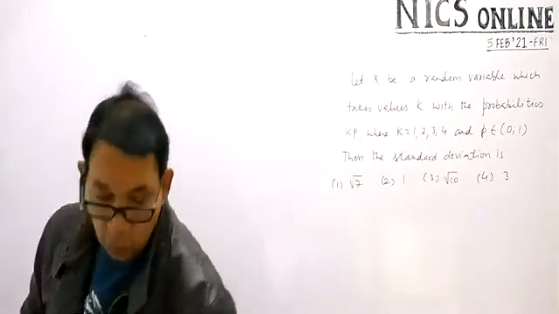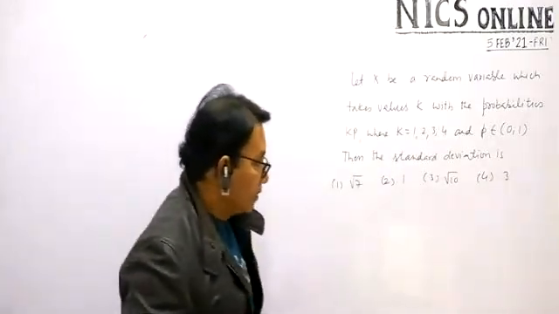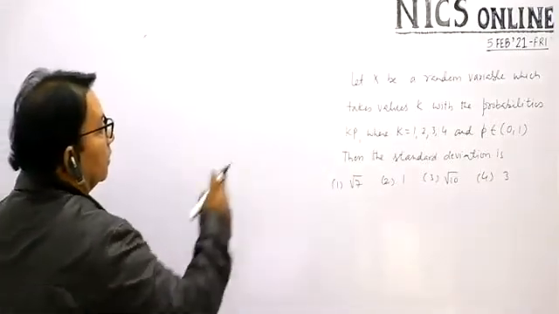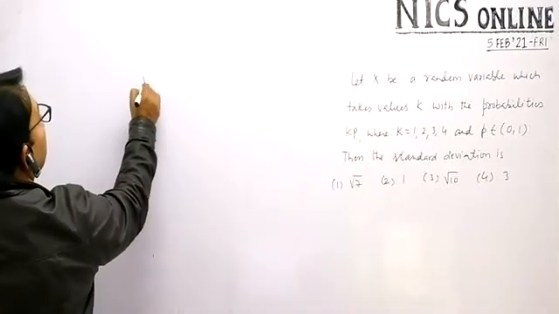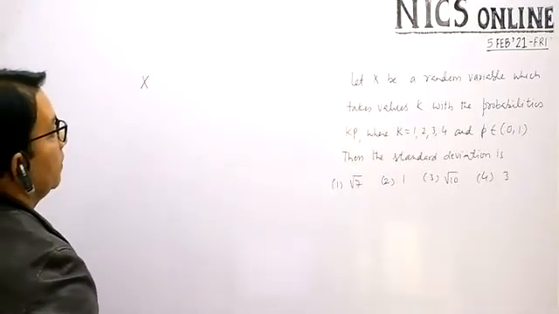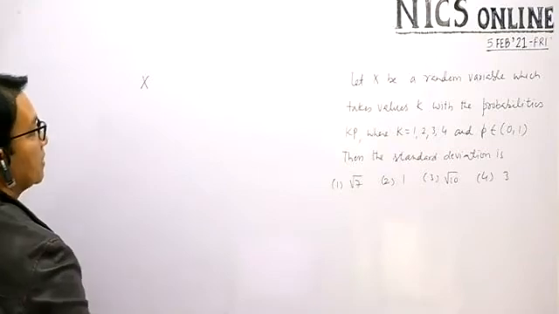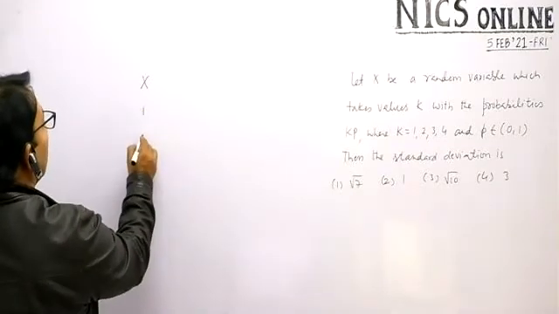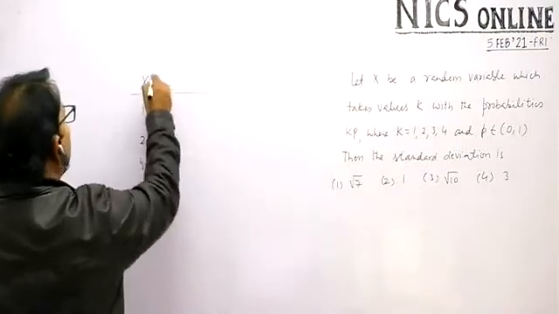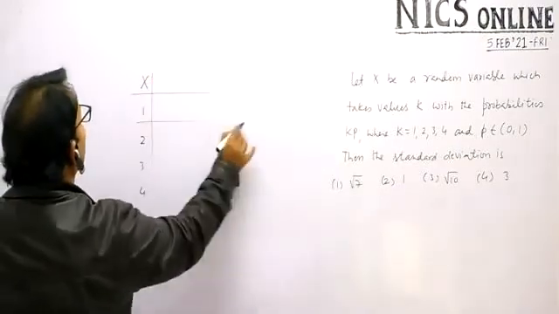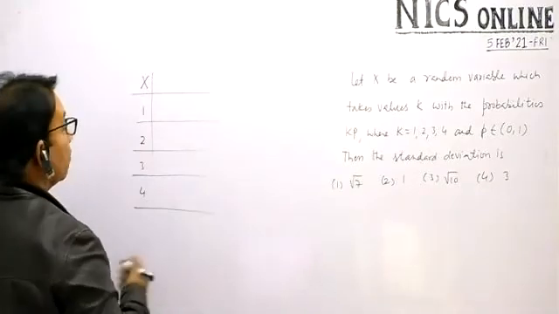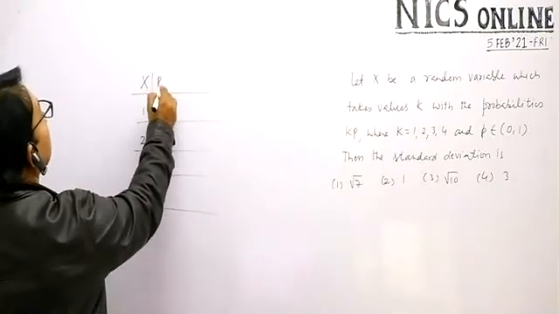As you know, when you find mean, variance, and standard deviation, you have to have probability distribution. तो सबसे पहले हम रैंडम वेरिएबल की वैल्यू लिख लेते हैं. Random variable is X. Its value is 1, 2, 3, 4. Okay, make a table like this. Random variable की 4 values. The corresponding probabilities क्या है?